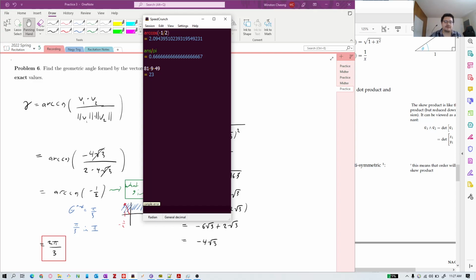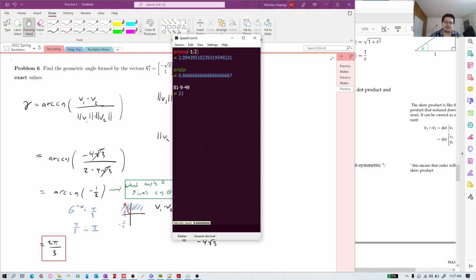You might then be clever enough to realize that all you need to do is divide by pi, and you end up getting a decimal that you should recognize. This 0.6 repeating is just 2/3. That's really annoying. Okay, so negative 2/3. Okay, or not negative, just 2/3. So you could maybe, playing around, recognize this.